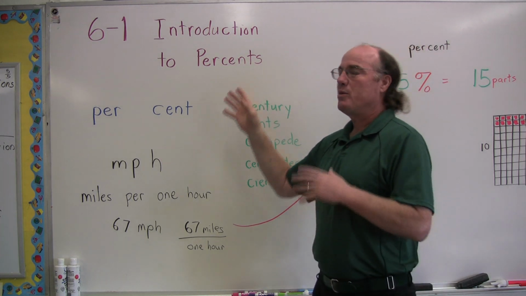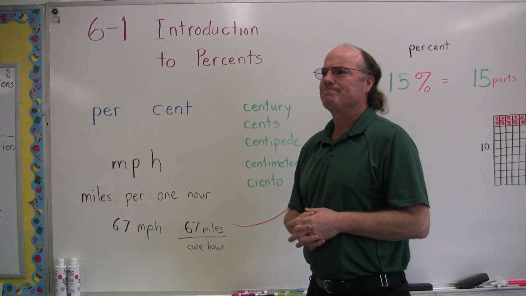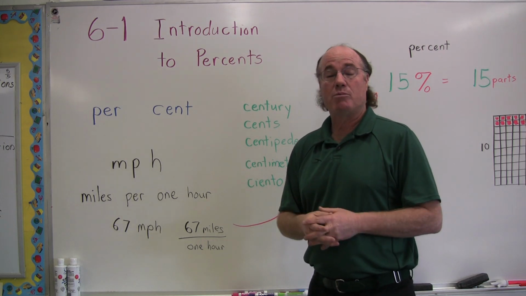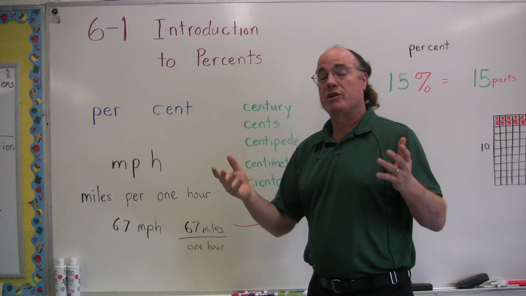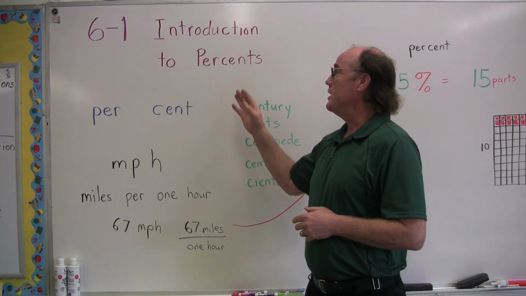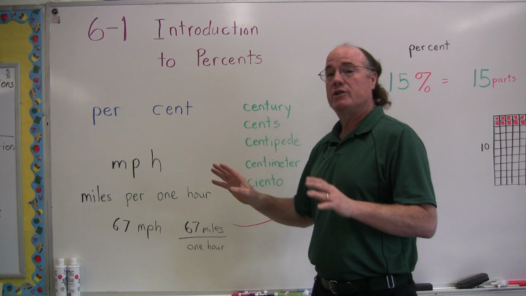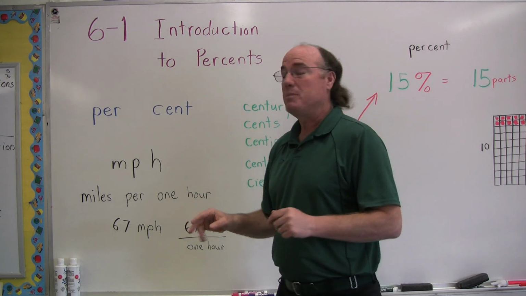Now first, before we get into the actual homework examples, because this whole series is to help both parents and kids out on homework, I just want us all to understand what percent means.